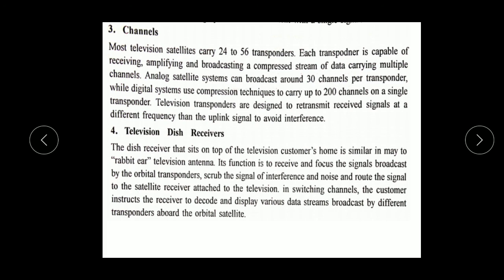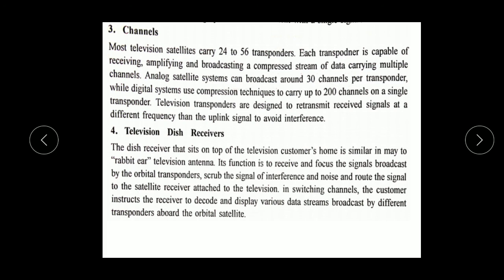Television dish and receiver. The dish receiver sits on the top of the television customer's home. Basically, this is the dish antenna. It is similar in make to a rabbit ear television antenna. Its function is to receive and focus the signal broadcast by the orbital transponder.